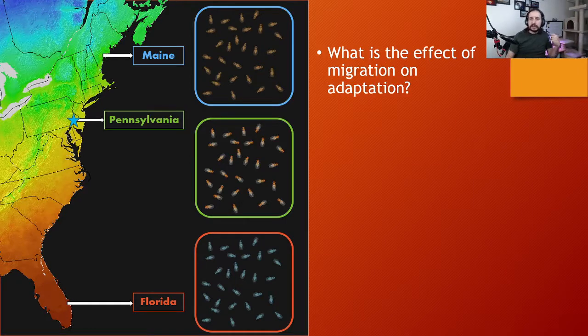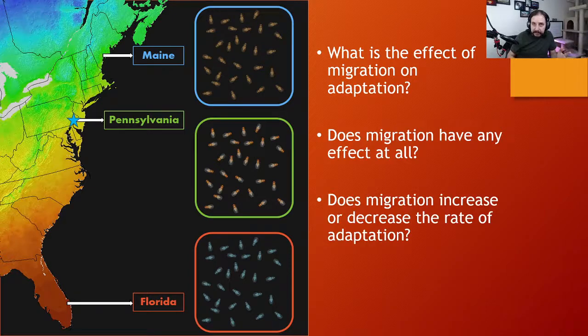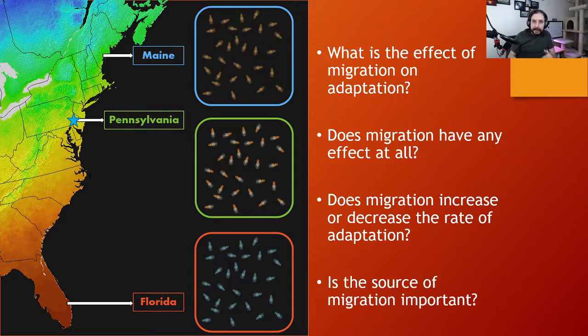And then we can break this down into sub-questions. The first one is, does migration have any effect at all? Because it might not have any effect. But if it does, does it increase or decrease the rate of adaptation? And finally, is the source of migration important?